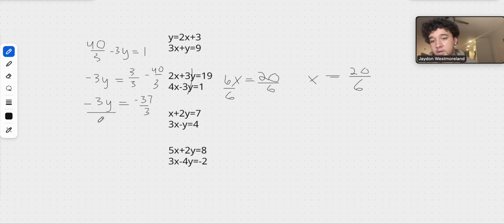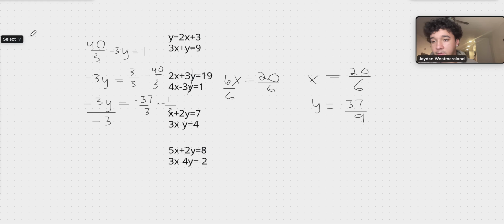And then finally, we're going to divide on both sides by negative 3. Dividing is the same thing as multiplying by the fraction. So this is the same thing as multiplying times negative 1/3. And that's going to give me y is equal to negative 37 ninths. So the answer is going to be x is equal to 20 over 6, y is equal to negative 37 ninths. Whew. Okay, let's keep it moving.